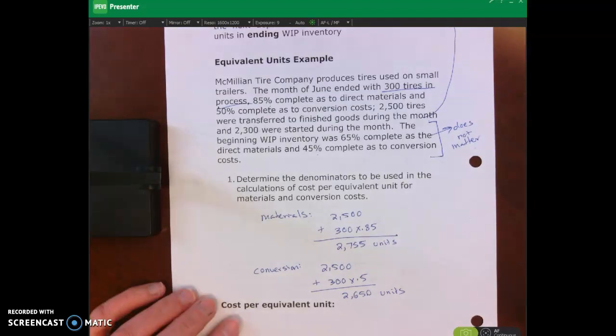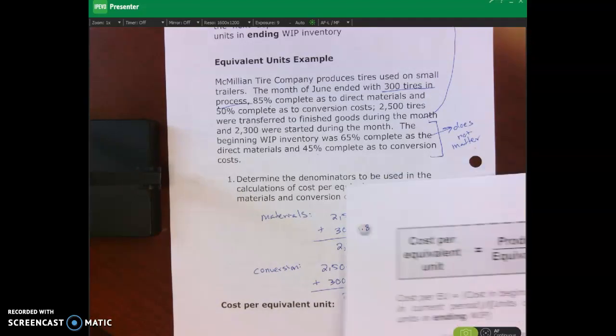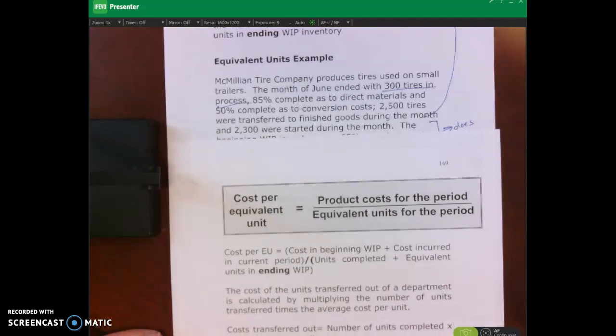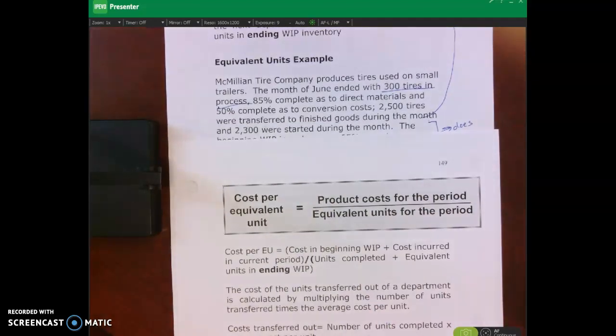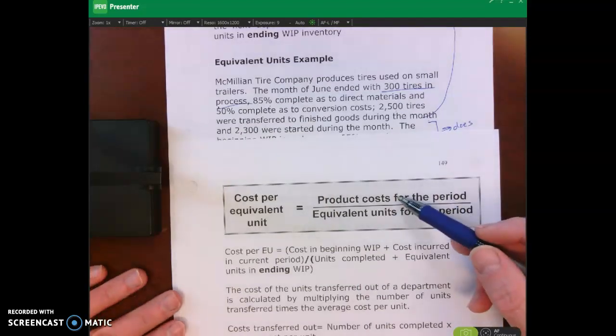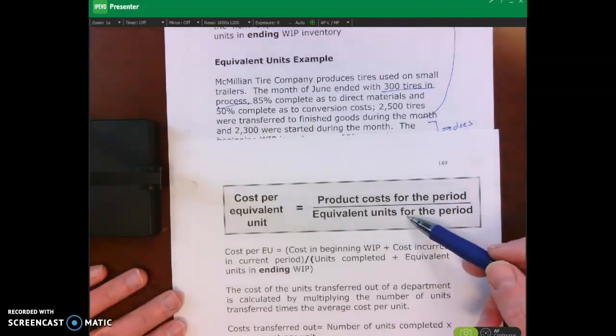Now, on the next page, we're going to talk briefly about the cost per equivalent unit, which is our average cost. This is our average cost per unit, also known as the cost per equivalent full unit. We take our total cost divided by our total units.